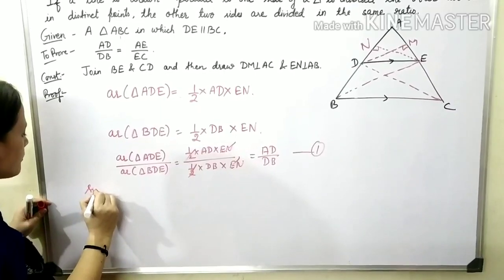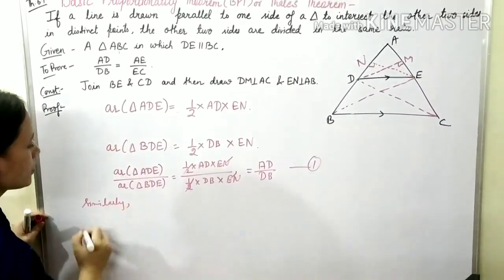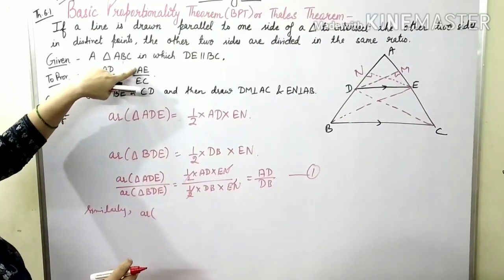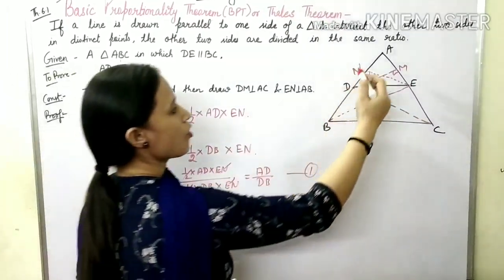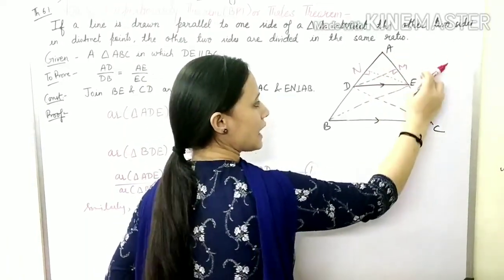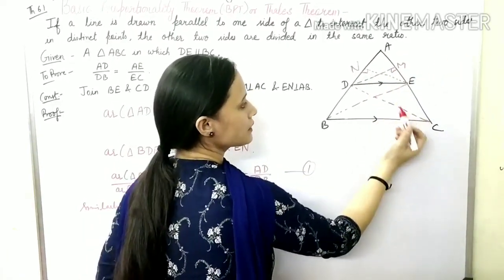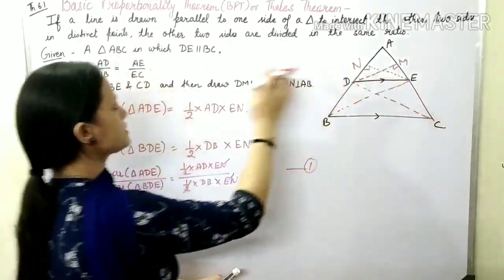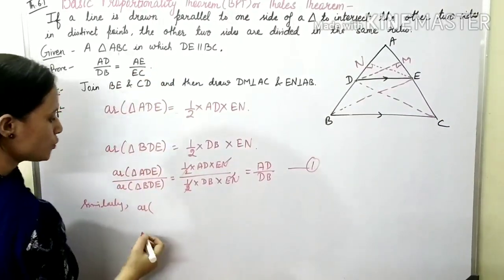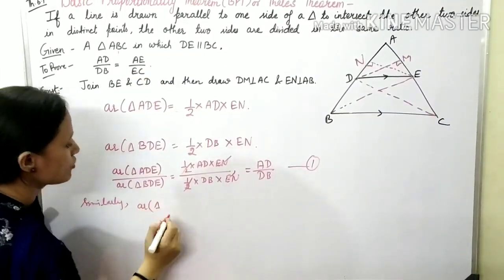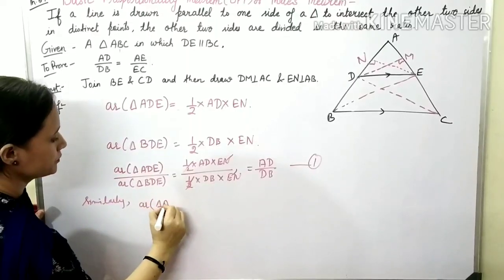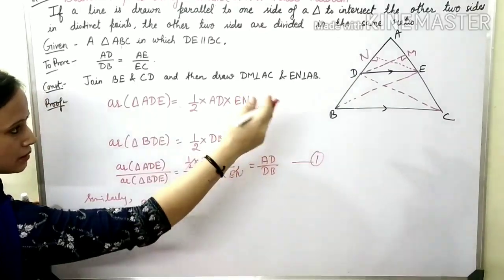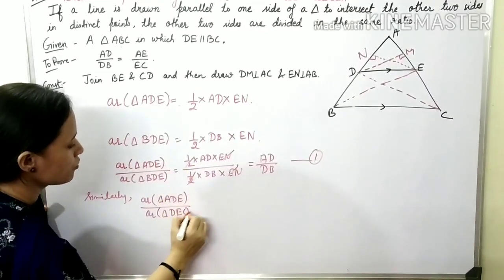Similarly, we can find the areas because, as you can see here, we need AE and EC. So we'll take the area of ADE, taking AE as the base, and then the area of DEC, the triangle in which EC is there, which we require to prove. Actually we'll directly find the ratio of these two triangles.